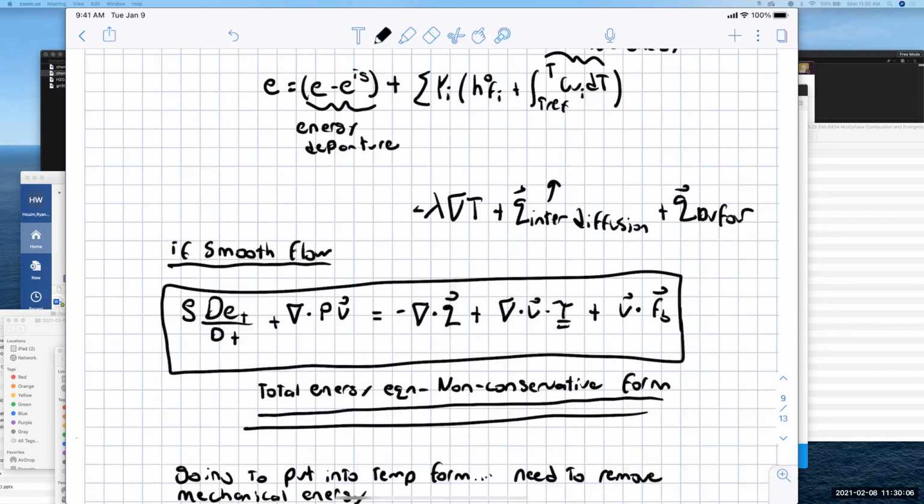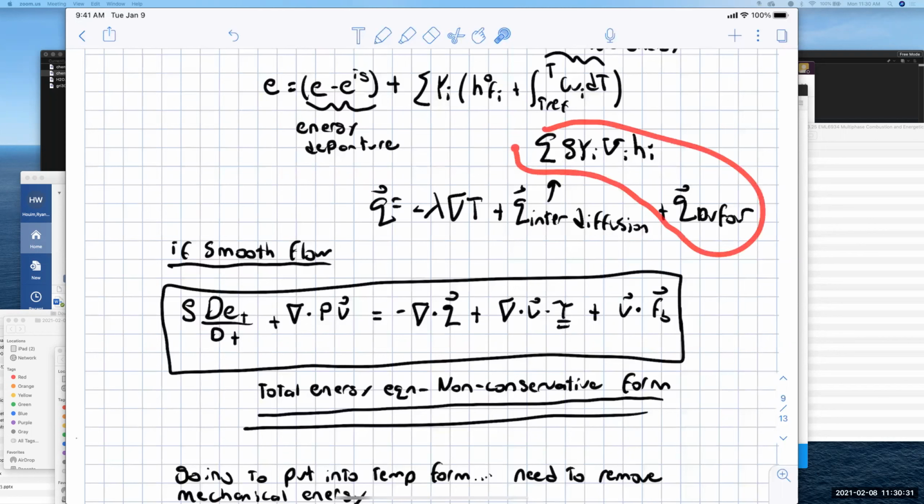And this interdiffusion flux is equal to the sum over all the species of rho, Y_i, V_i, h_i. Okay, and so this is what q equals. Really the only difference between this and a normal compressible fluid flow is the addition of these two terms here.